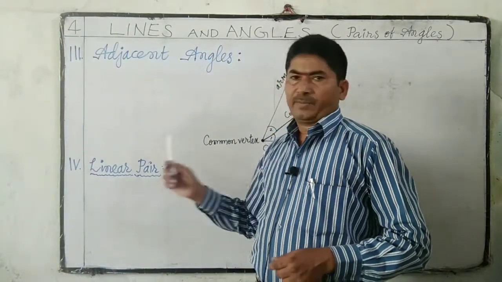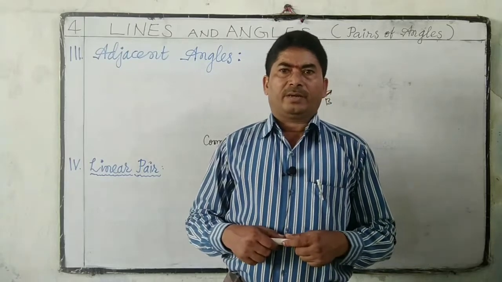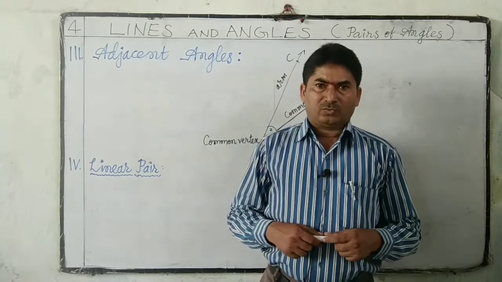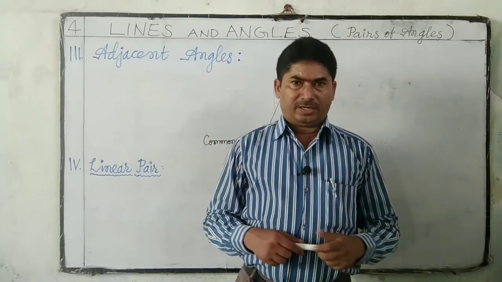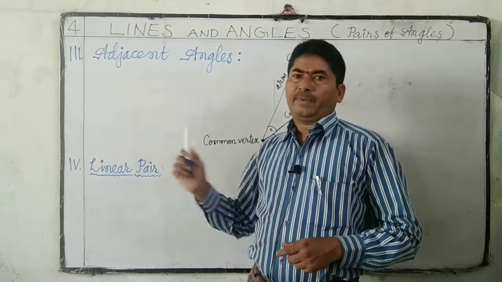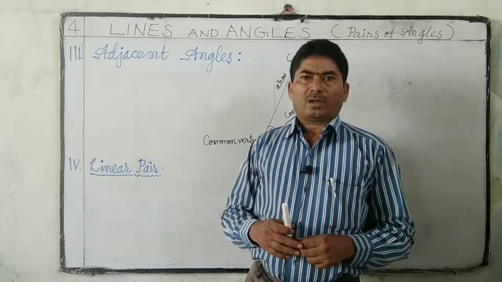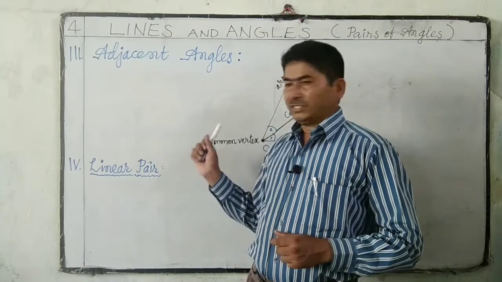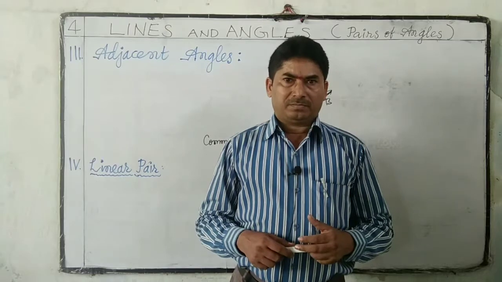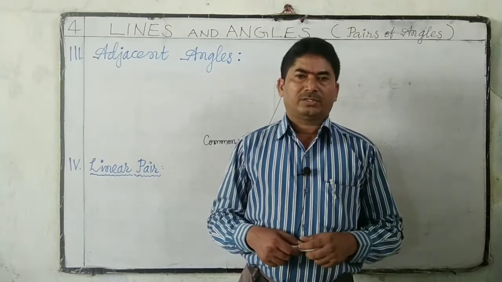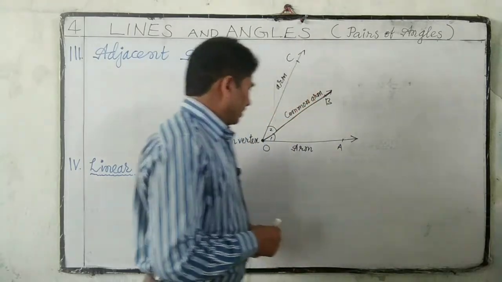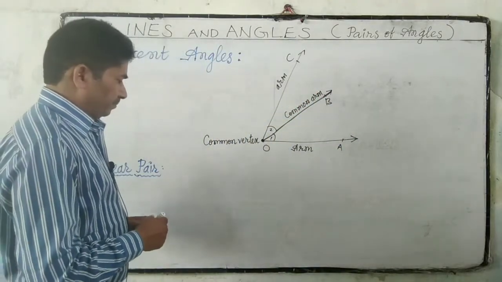Next, linear pair. What is a linear pair? A pair of adjacent angles whose sum is 180 degrees is called a linear pair. A pair of adjacent angles whose sum is a straight angle, that is 180 degrees, is called a linear pair. Let us see this on a figure.